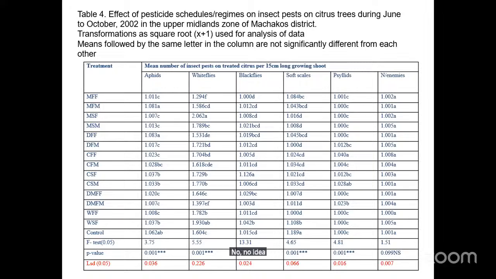Effect of pesticide schedules or regimes on insect pests on citrus trees during June to October 2002 in the upper Midland something, Machakos district. That's in Kenya again. Transformations as squares and so on and so forth. That title again is a mouthful and could be made shorter.